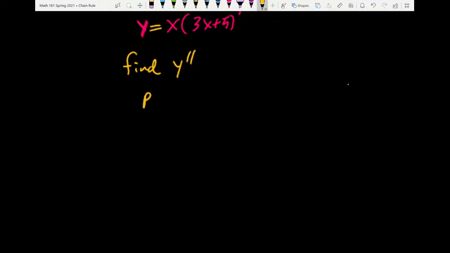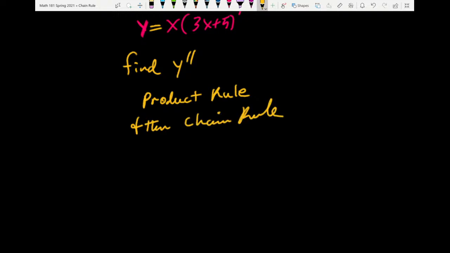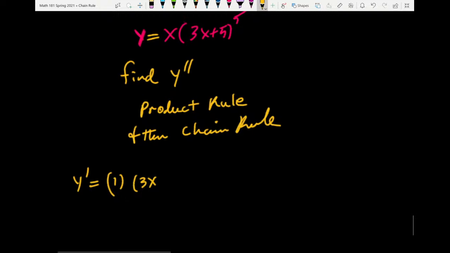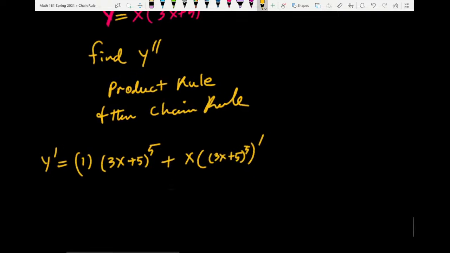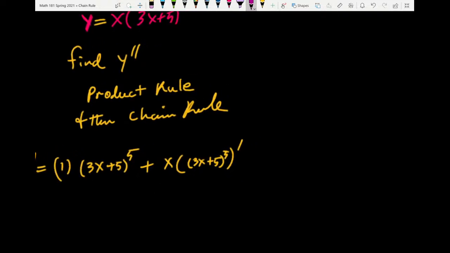So again, product rule first, and then chain rule. All right. So if I do the product rule right over here, I get 1 times (3x plus 5) to the 5th plus x times the derivative of this part right over here.